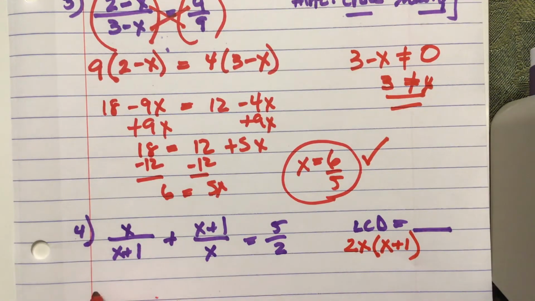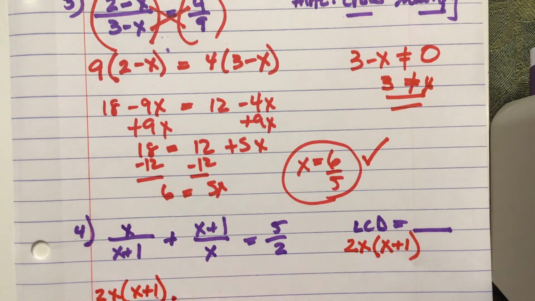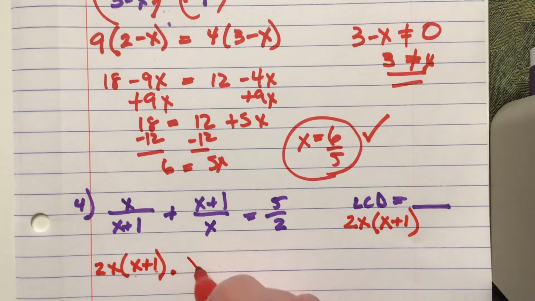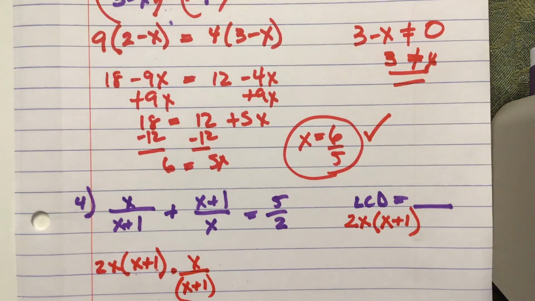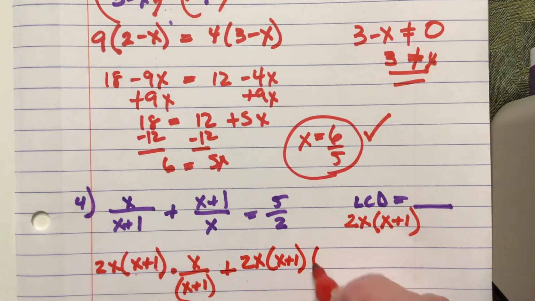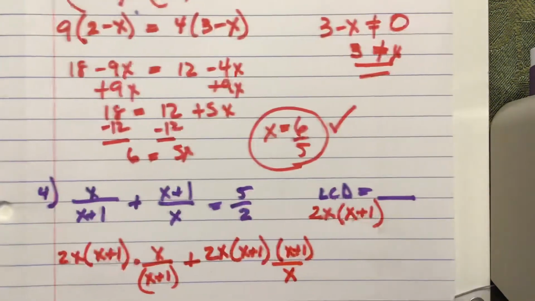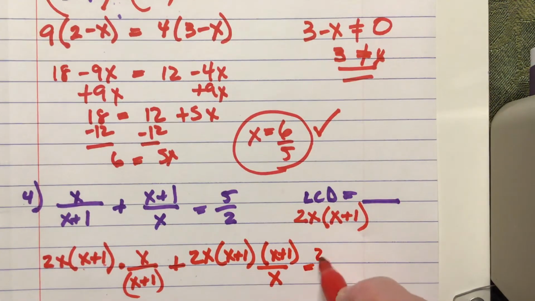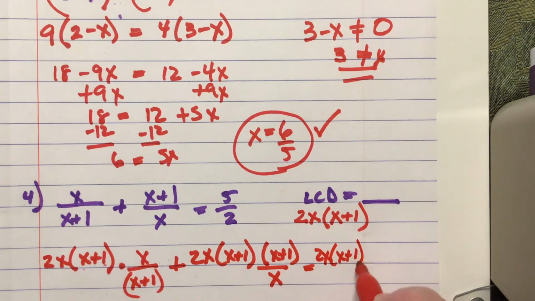So I have 2x times (x plus 1) times my first term, which is x over (x plus 1), and I'm going to add those parentheses to keep that denominator together, plus 2x(x plus 1) times (x plus 1) over x, that's my second piece, and that equals 2x(x plus 1) times 5 over 2.